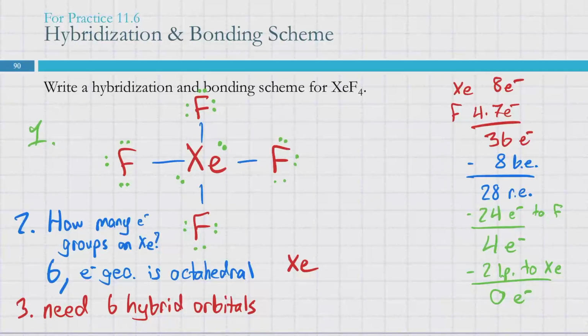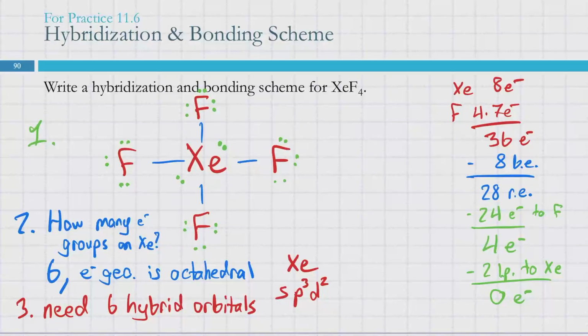So xenon is going to have sp3. How many orbitals is that so far? 4. We need 2 more, so we're going to tap into our d orbitals. We're going to pick up 2 of those.